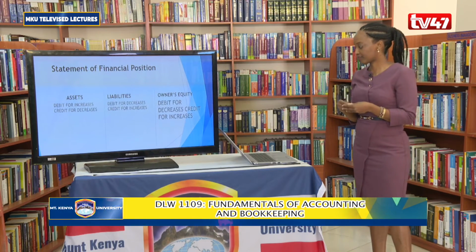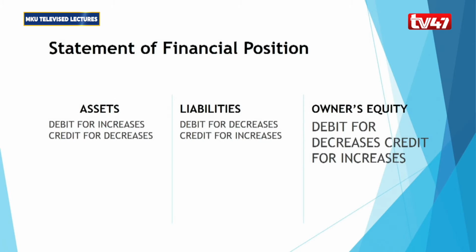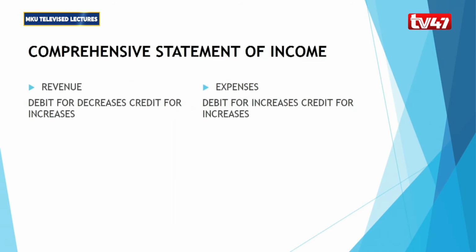Take another scenario. Now in this regard, in the other two accounts, revenue and expenses, these simply form the basis of the comprehensive statement of income, formerly known as the trading profit and loss account.